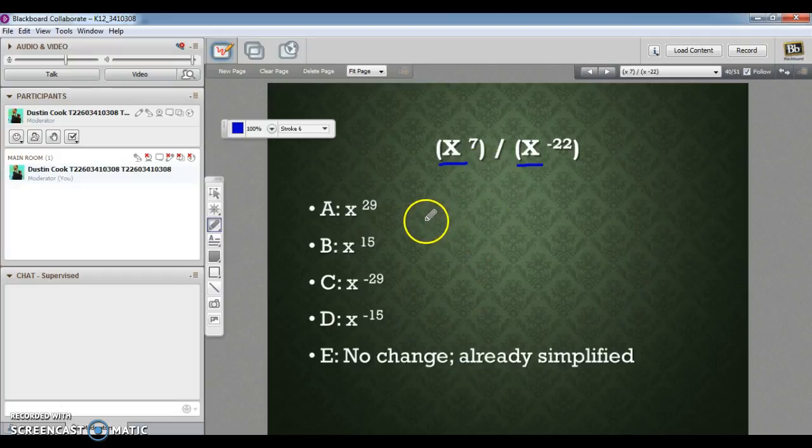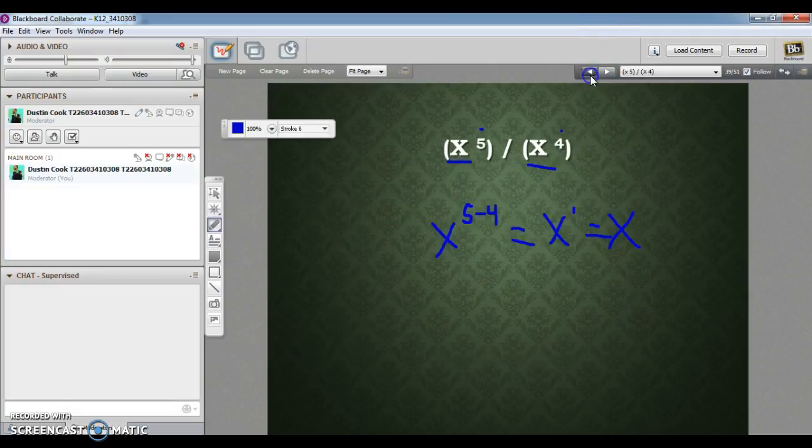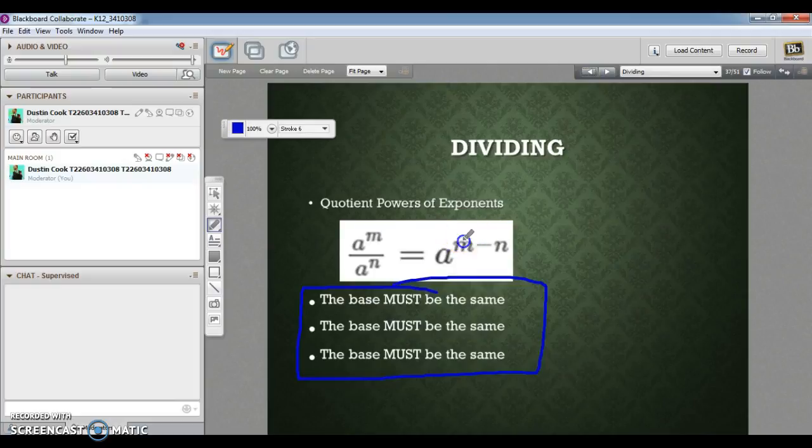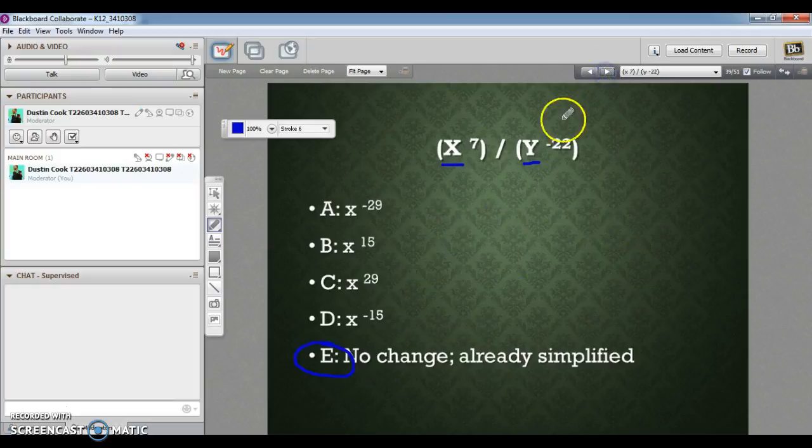Okay, so hopefully you said the answer is x to the 7 minus negative 22, right? Because going back here, it's m minus n. And n's negative, so we have to incorporate that.